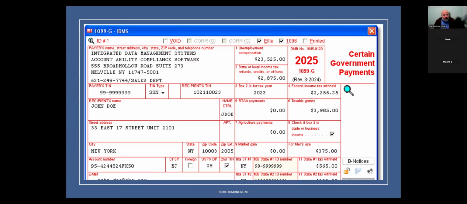Box 4 is your federal income tax withheld, and you're going to put that next to your W-2 because this is a 1099, so it will go online with the 1099. And taxable grants: if you receive a grant from a state or a federal agency, for the most part, they're going to be taxable.